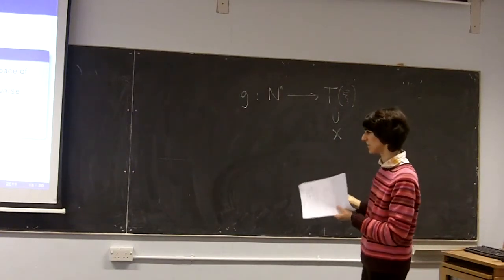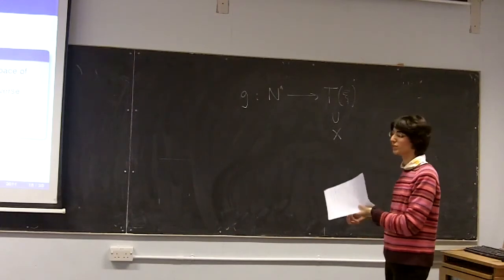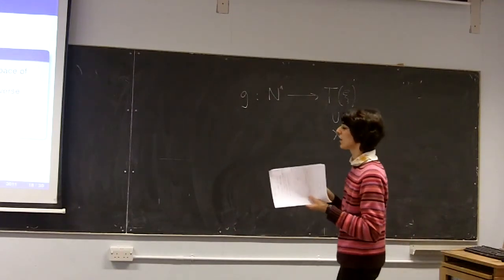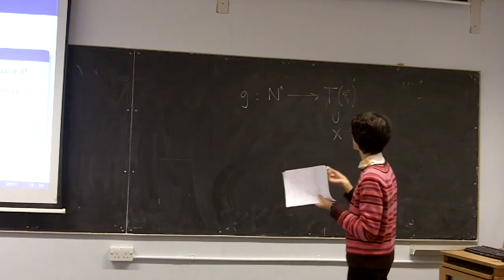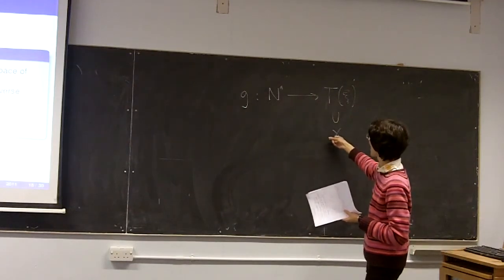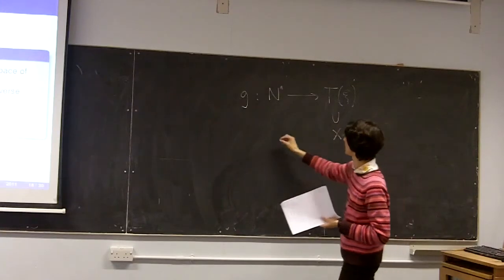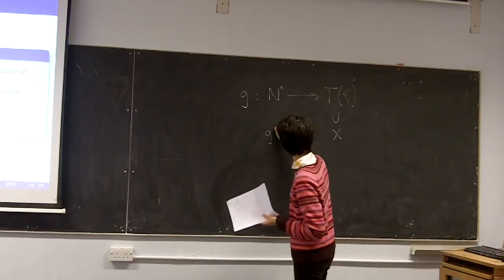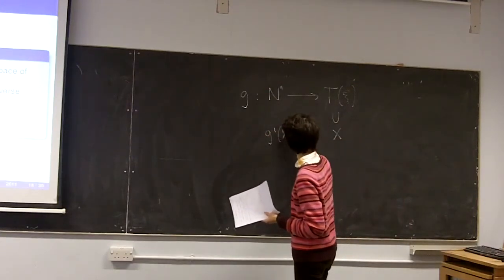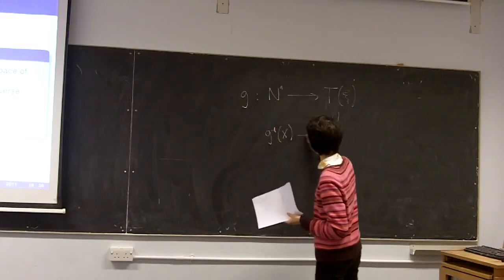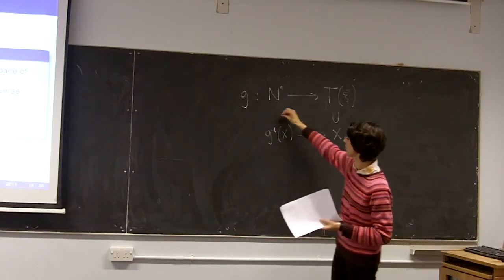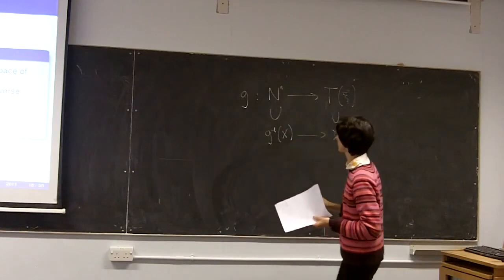What it means, and it's vital for the proof of Thom's theorem, is that the inverse image under G of X is a submanifold of M.